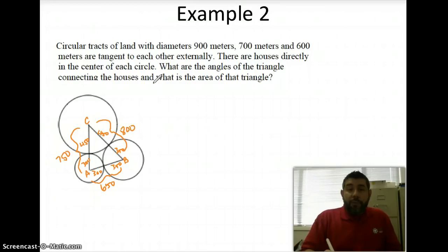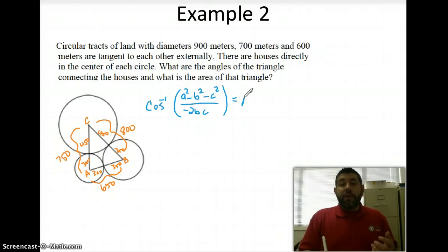So we're going to put it in this form. I'm going to fast forward here to the inverse part. So it's a squared minus b squared minus c squared over negative 2bc. If you solved the formula for law of cosines for angle A, this is what it would give you.